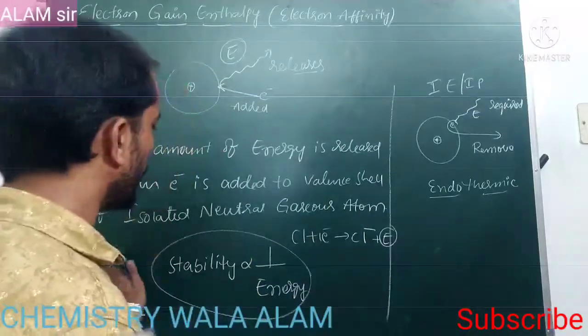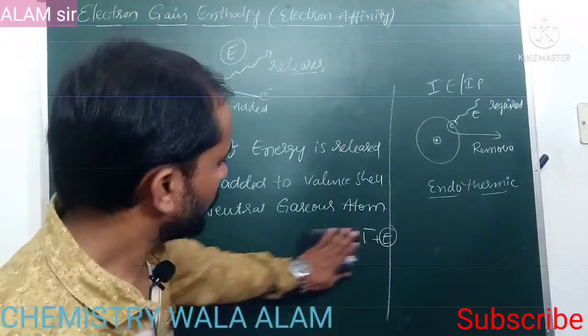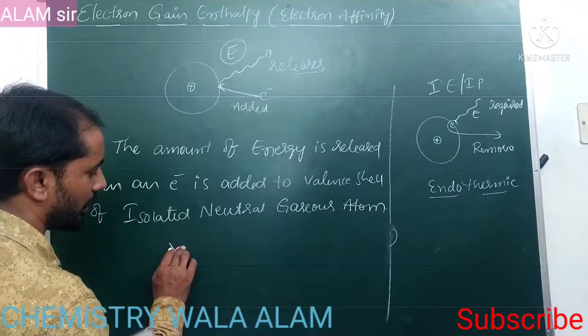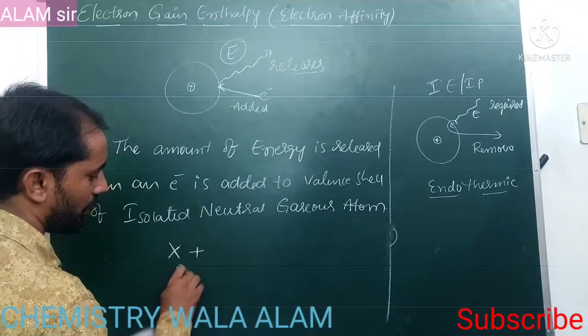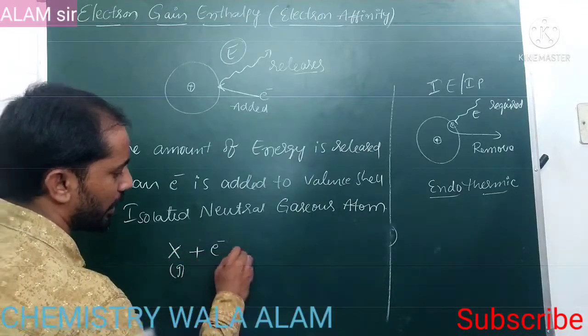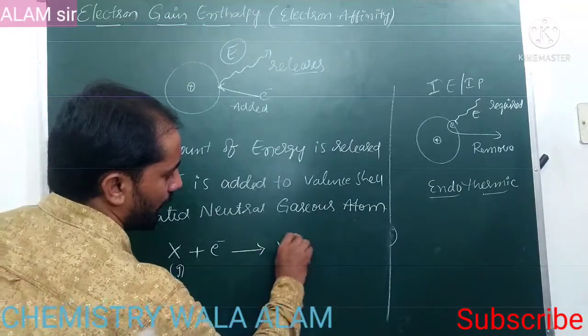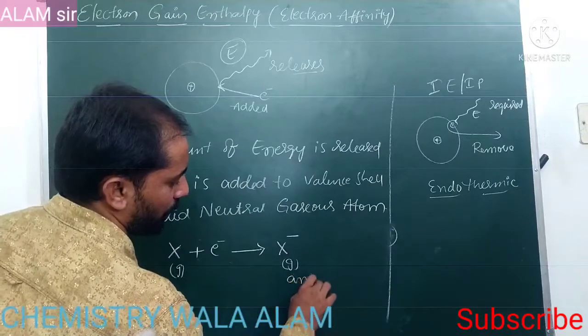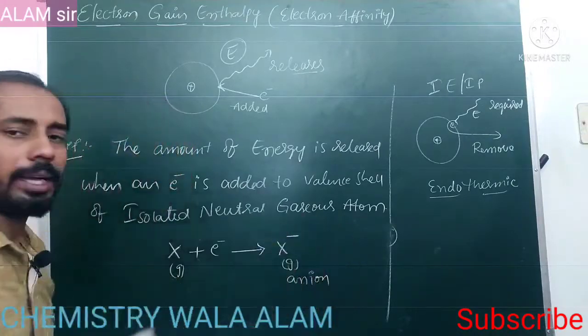The general representation of electron affinity or electron gain enthalpy can be written like this: X is a non-metal in the gaseous state, and when an electron is added it is converted into X minus, also in the gaseous state, so an anion is formed.